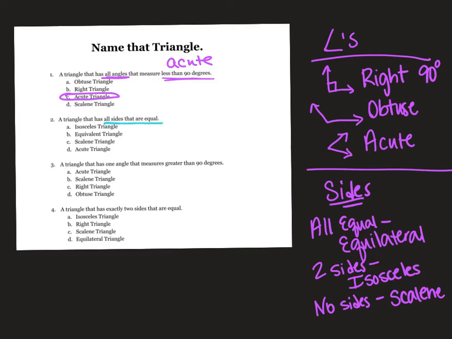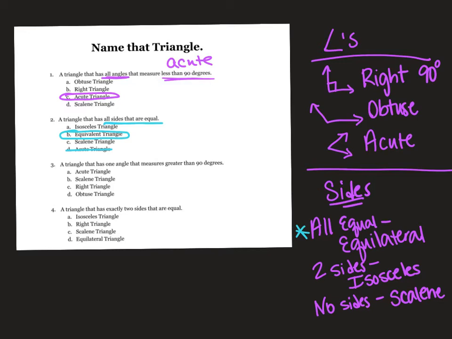We just talked about this. All equal sides is an equilateral triangle, but if you look at the options they're giving you, the only one that we have for acute is measured by an angle, so that doesn't even make sense. It's got to be the other one. So instead of them saying equilateral, they're saying equivalent. But really, most of the time, they call it equilateral, so know that.